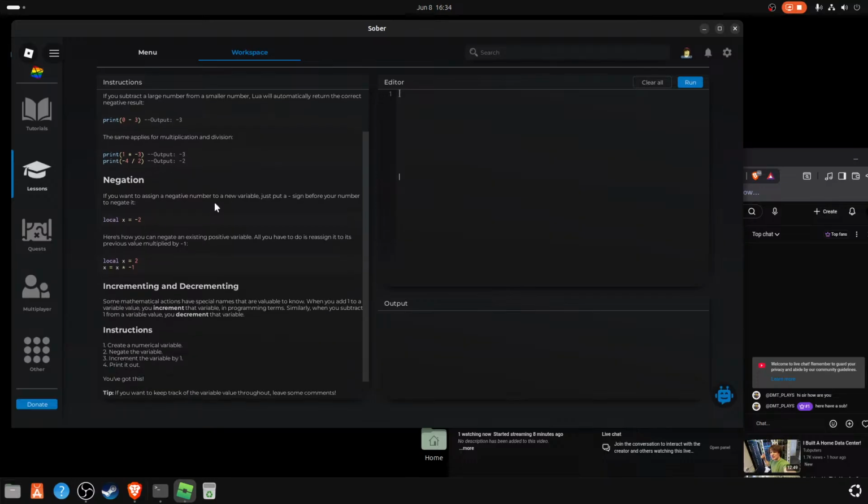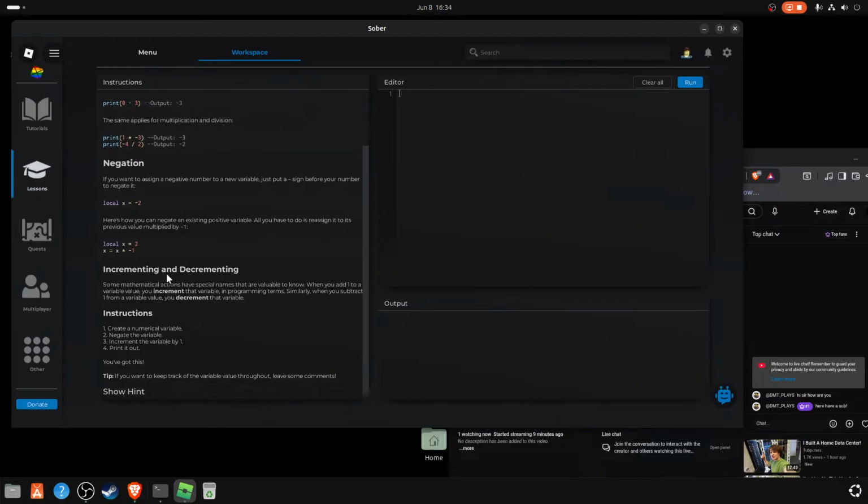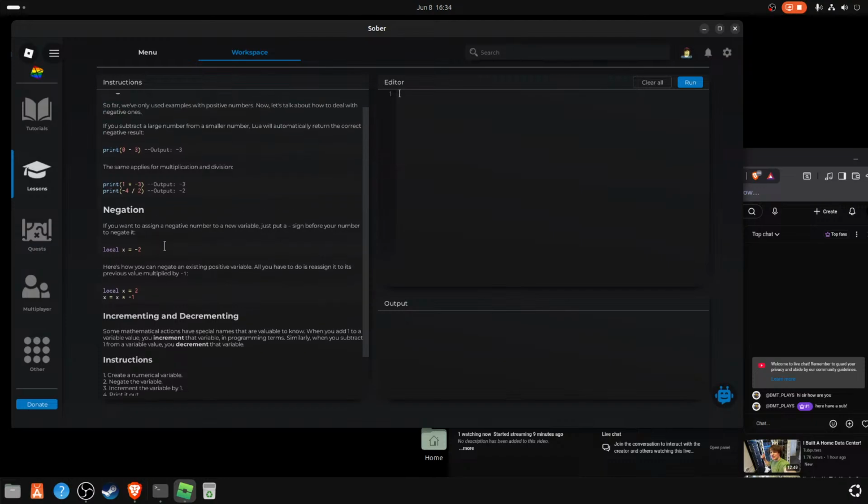Negation. If you want to assign a negative number to a new variable, just put a minus sign before the number to negate it. All this is intuitive to me, which is great.